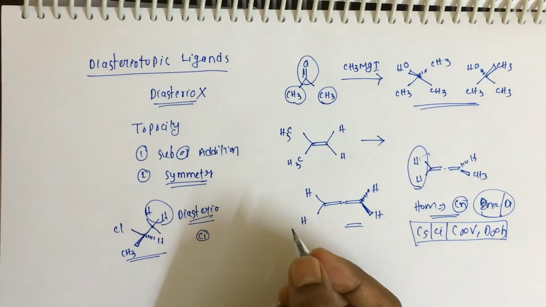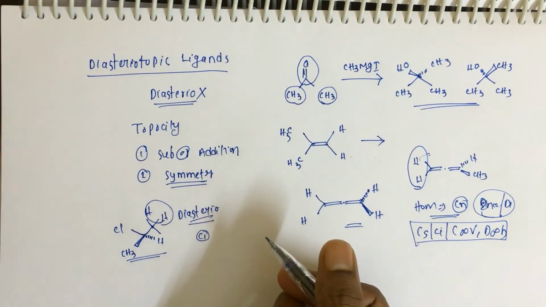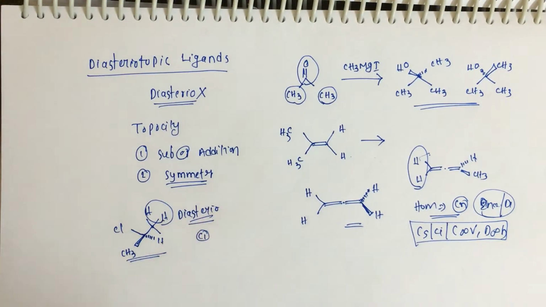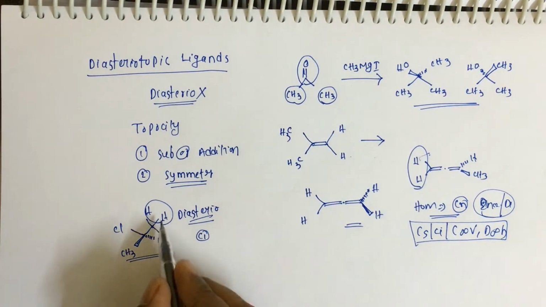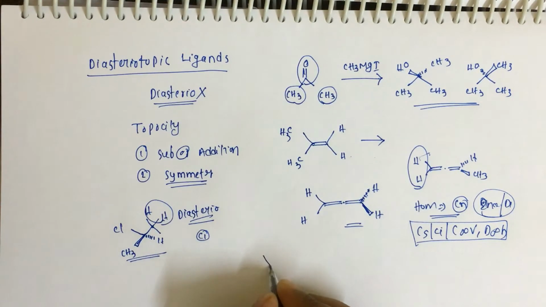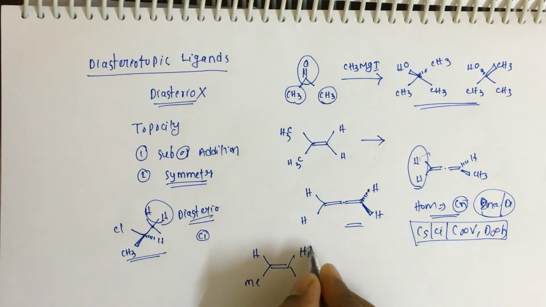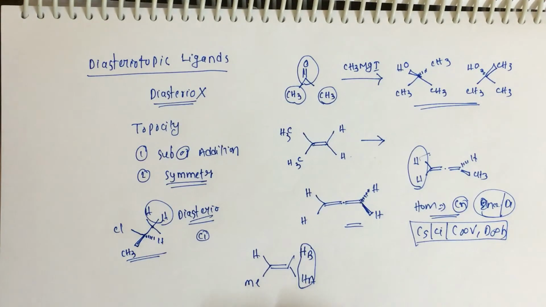So diastereomers means what? There should not be any kind of symmetry elements for diastereomers. That's why hydrogens adjacent to the chiral center are diastereotopic in nature. And then in these alkenes, HB, HA, H and methyl, these two are diastereotopic in nature.